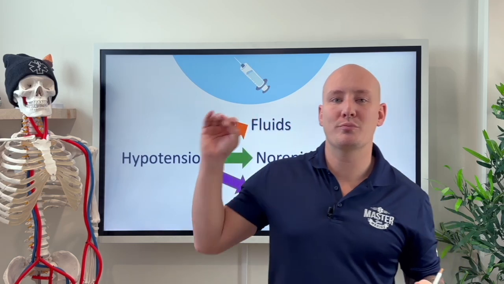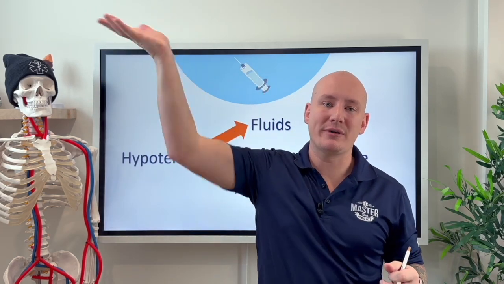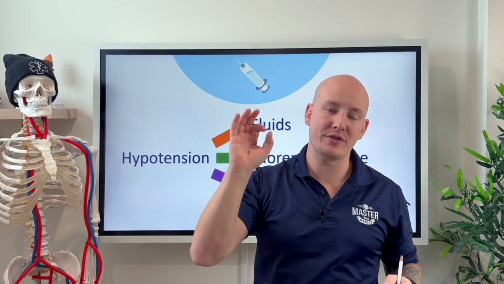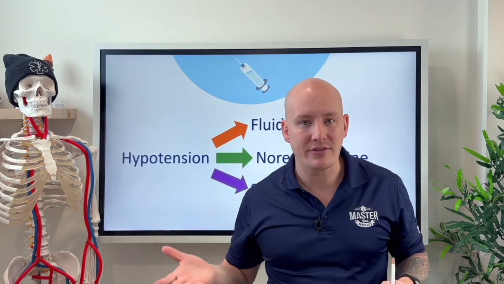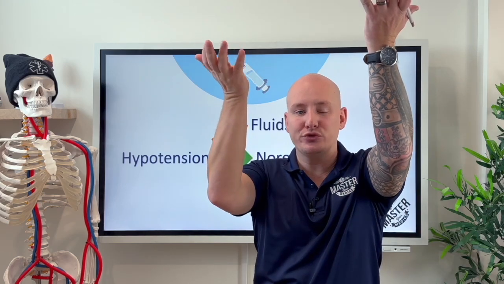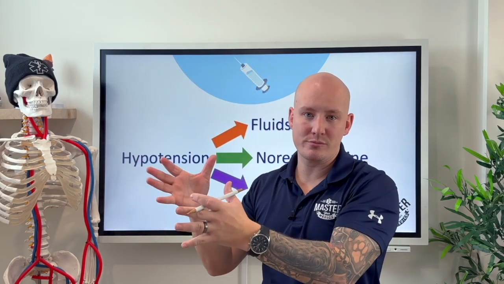It's really a compensation factor that's increasing in order to bring that CPP number up as high as we possibly can, so that way we're above 50 regardless of what the ICP number is. So when that ICP number rises, our mean arterial pressure rises as well to compensate for it to perfuse the brain.